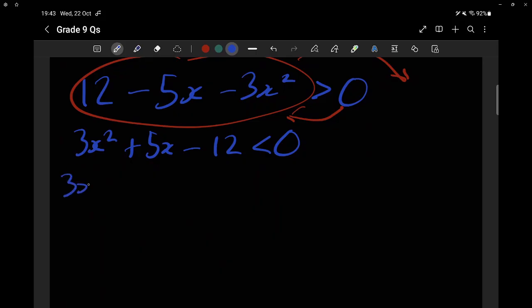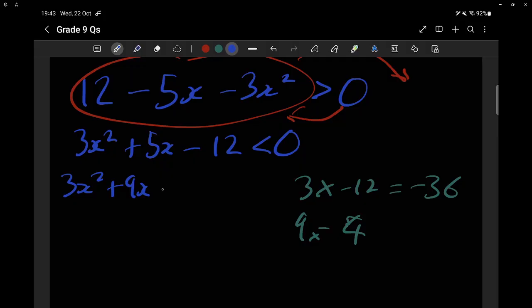We want to find 3 times negative 12, negative 36, two numbers that multiply together to make negative 36 and add together to make 5. So 9 minus 4. Yep, that works. So then we're going to have 3x squared plus 9x minus 4x minus 12 less than 0.